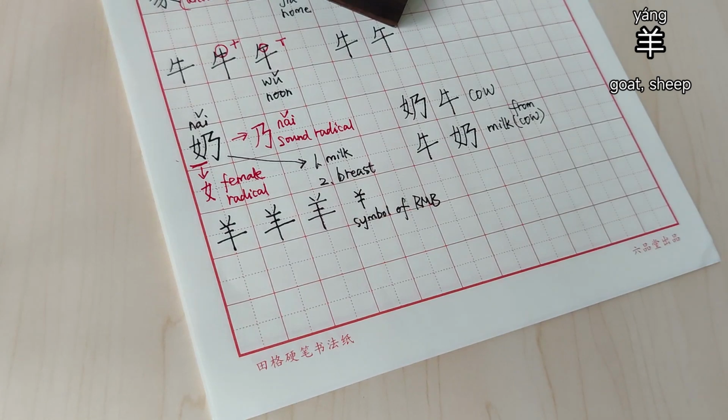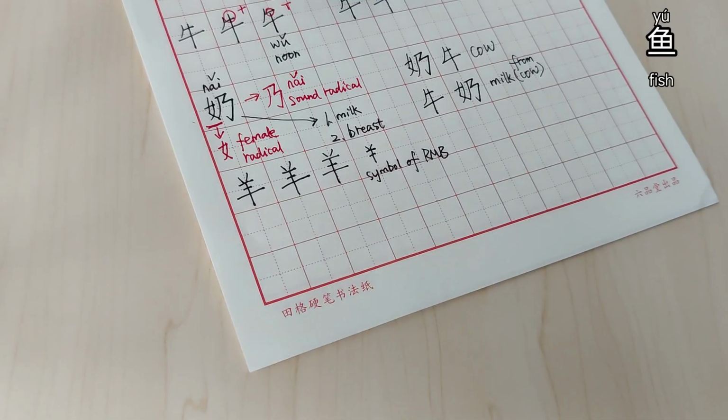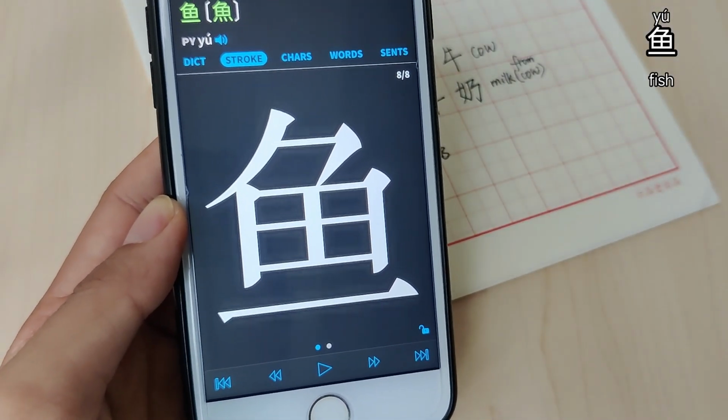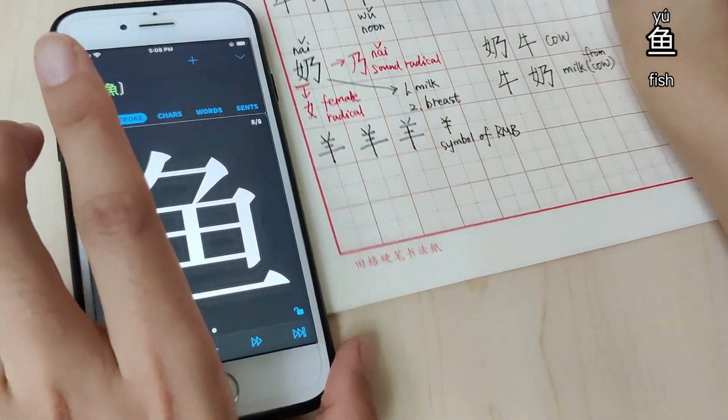They're not really related. Move on to the next hanzi, 鱼, fish. We write from the top to the bottom.